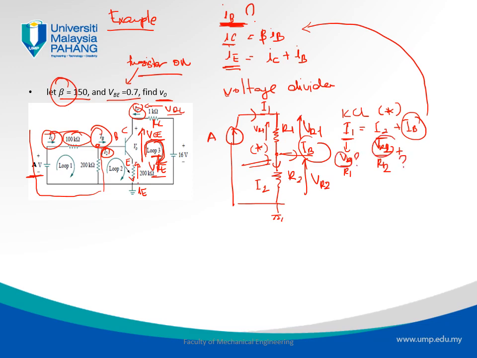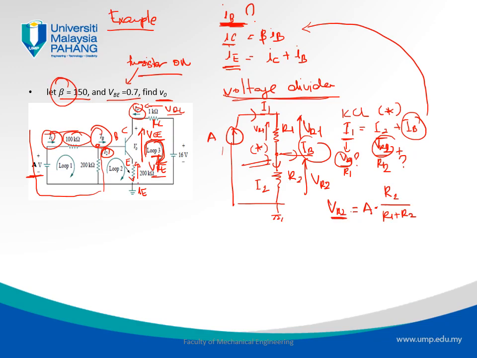So now we will use the properties of the voltage divider. VR2 is basically a portion of the voltage A. The voltage divider says that VR2 equals A, the whole voltage, multiplied by the resistance R2 over the sum of resistances across the junction, which is R1 plus R2.